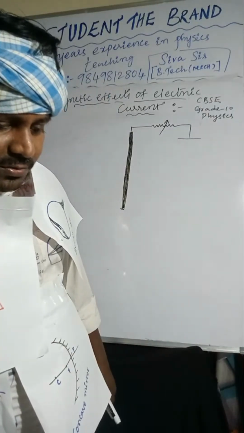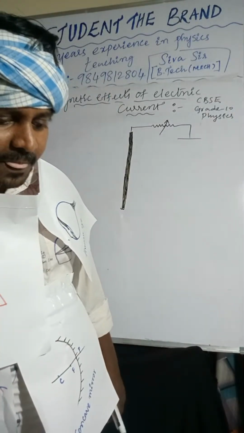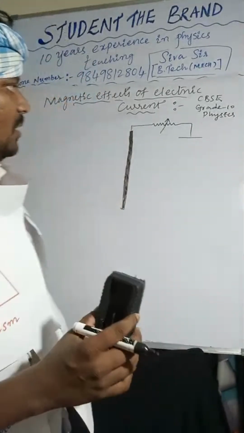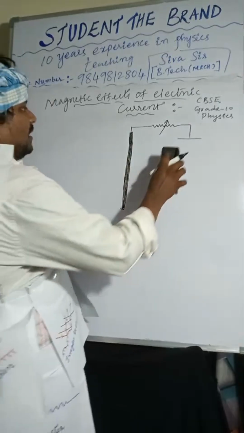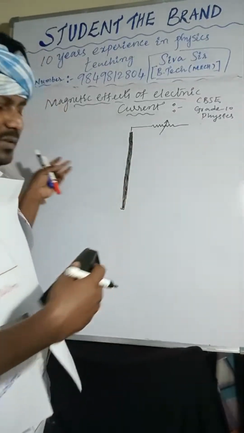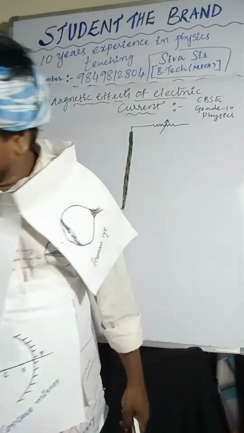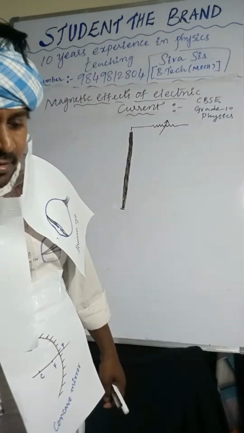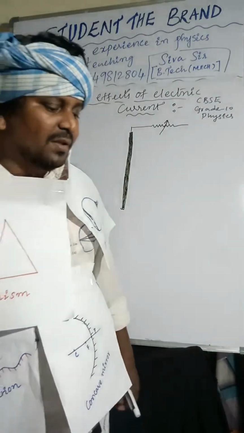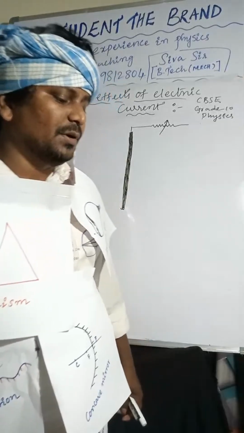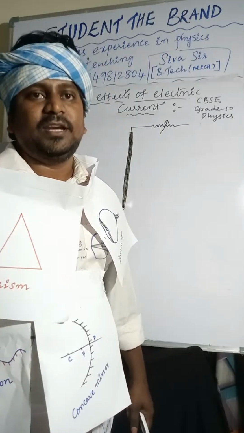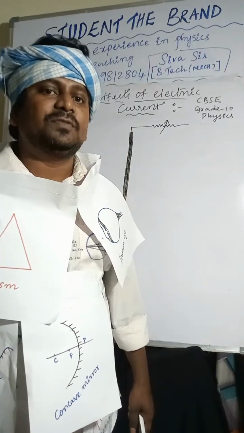Can we use Fleming's left hand rule? Here force is not required. So, Sravya says yes: a current carrying conductor placed in the magnetic field experiences force, and in that case we can use Fleming's left hand rule.